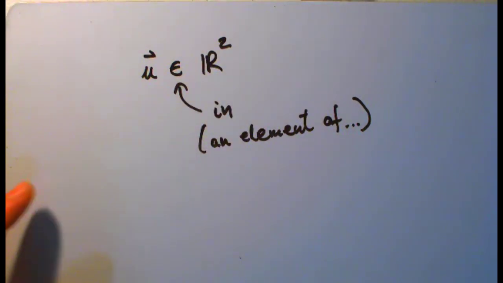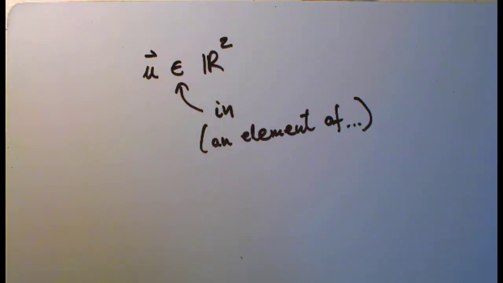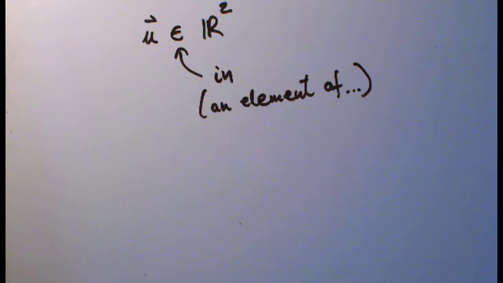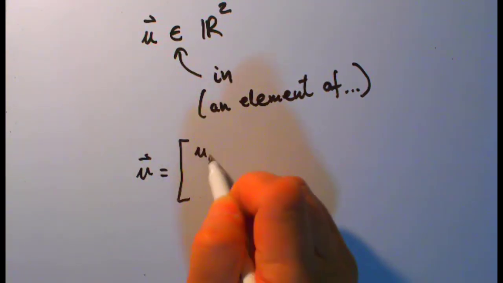So let's say our vector u is in R2 for simplicity. u should have components u1, u2.